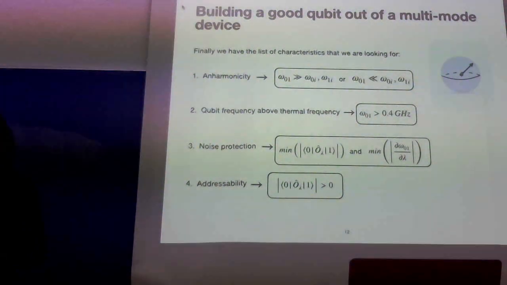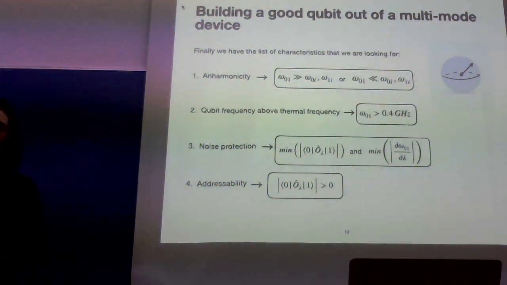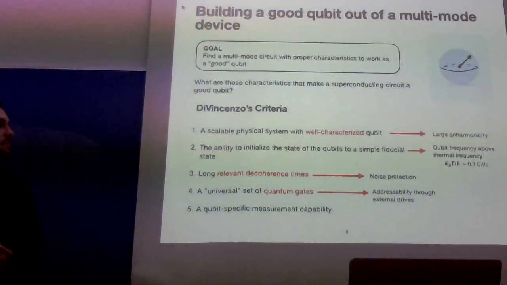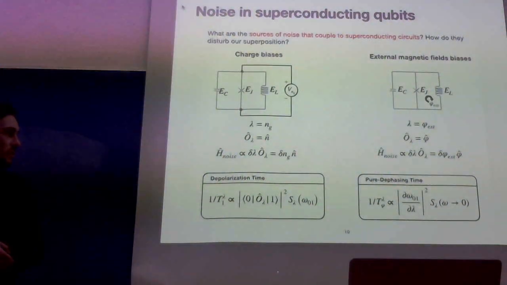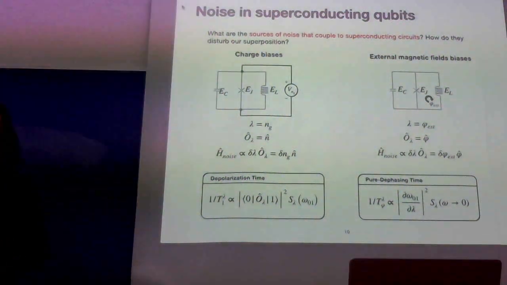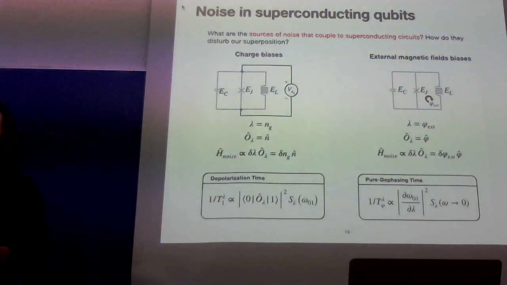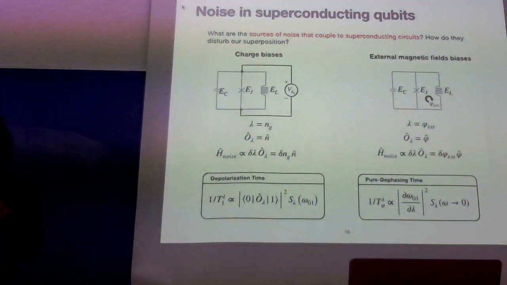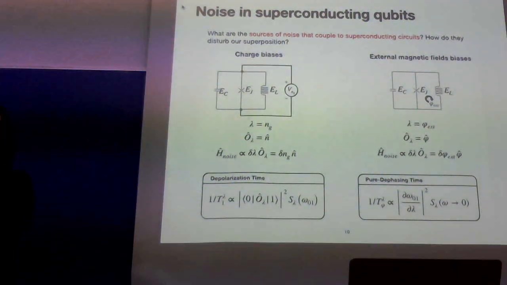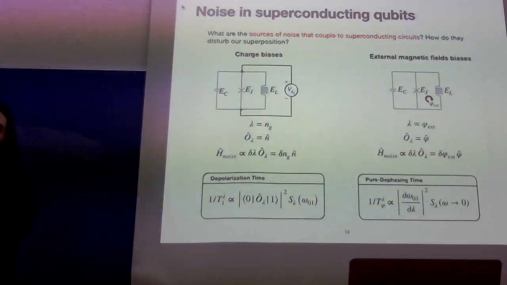It has been done for single mode devices, and people found out that it's impossible to find a single mode device that has at the same time good dephasing times and relaxation times, because the requirements conflict for single mode devices. But they have found multi-mode devices that can do that, like the 0-pi qubit, which if you make it perfectly, you can achieve this protection.